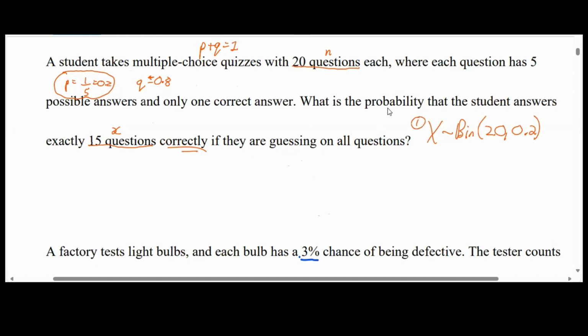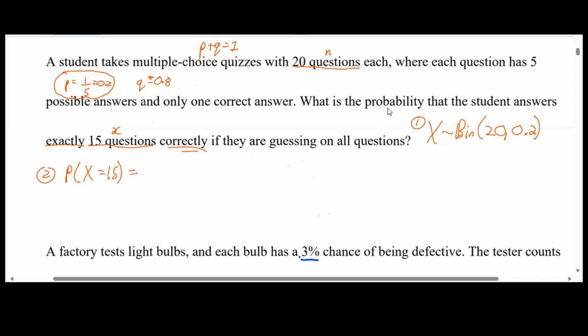Second thing we do, we answer the question. What I want is the probability X is exactly, you never say less than or more than, so you have to read the question properly. So exactly 15 will be the probability X is equal to 15.